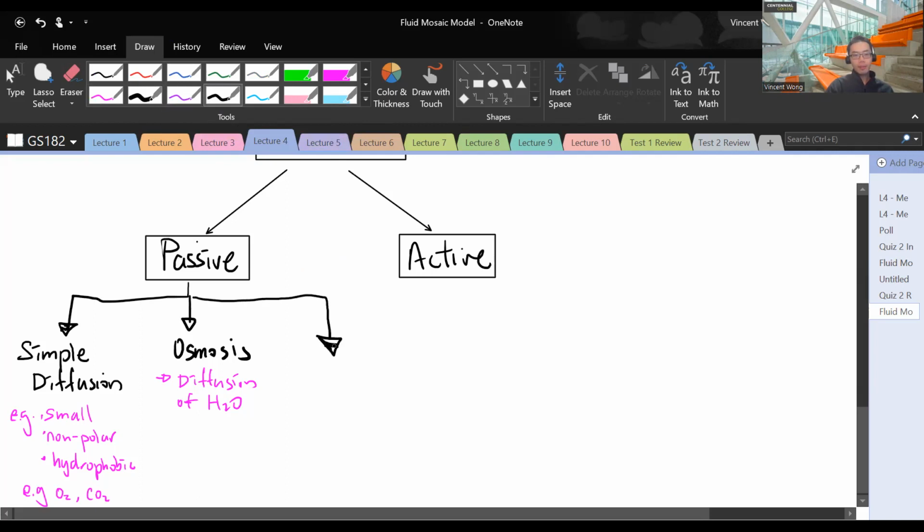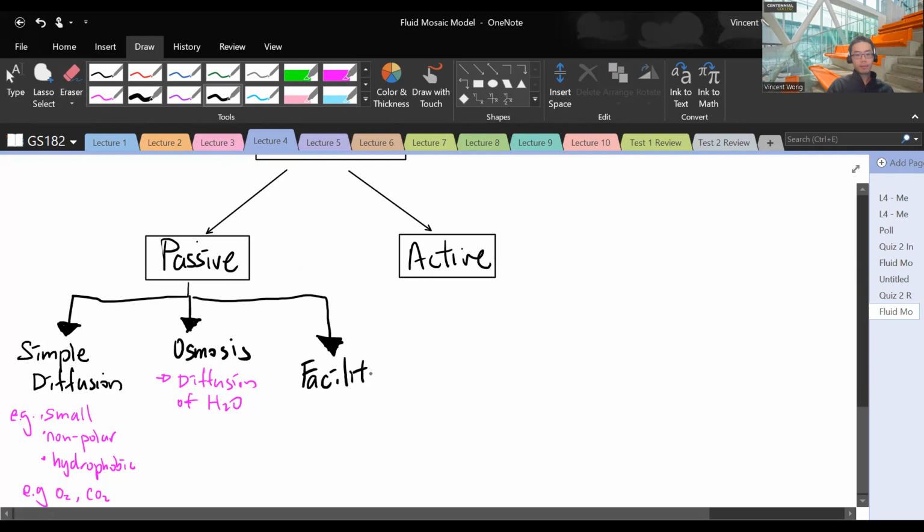And what's the third type of passive transport? Does anybody remember from the lecture? Facilitated. Yeah, exactly. Facilitated diffusion.